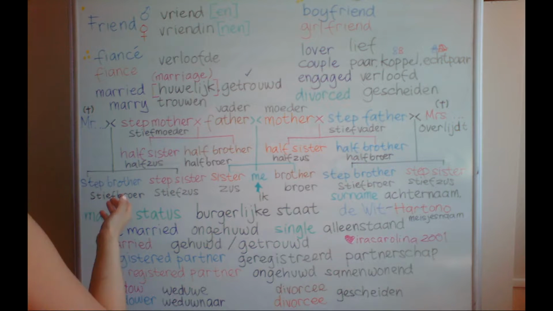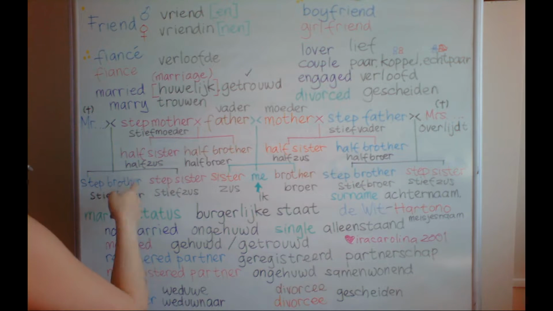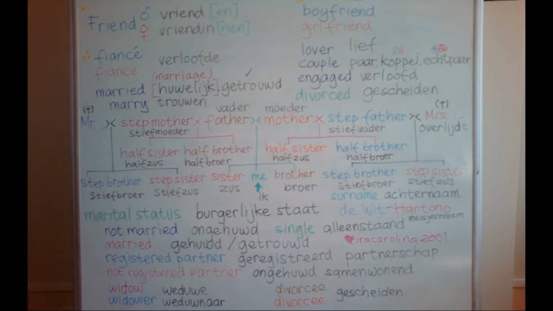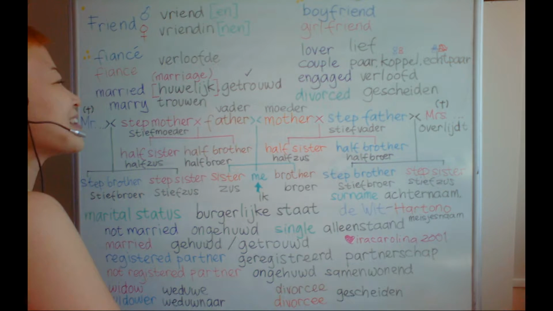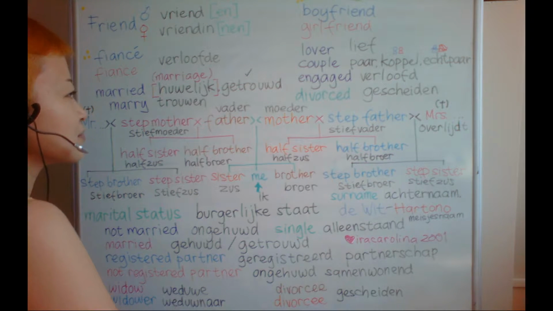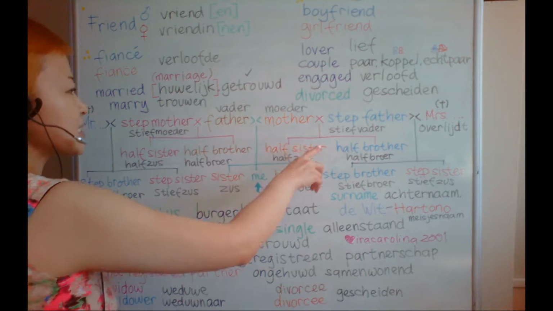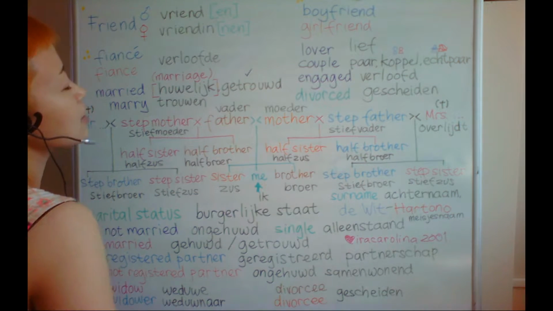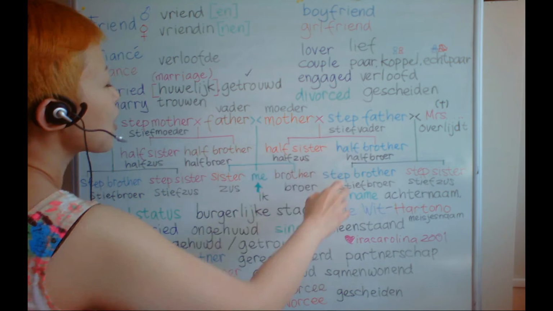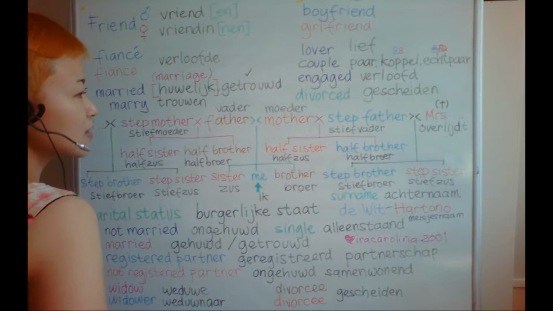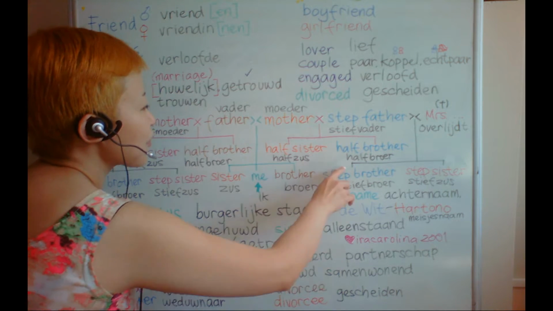I have a half sister, half zus, half brother, half broer. And I have a stepfather, stiefvader. One single word. My half sister, half zus. My half brother, half broer.